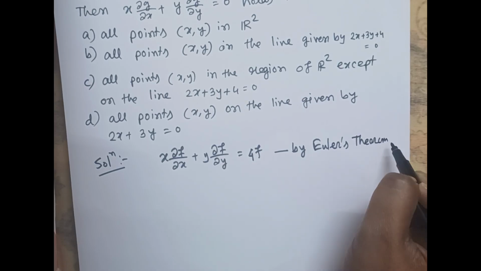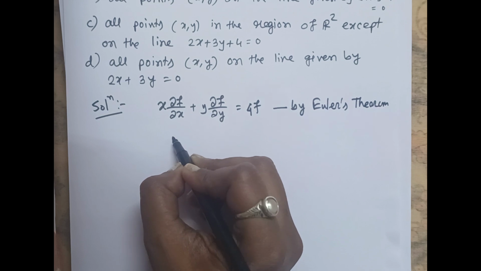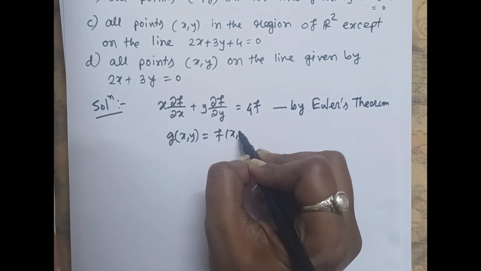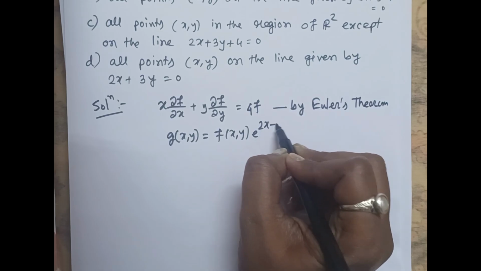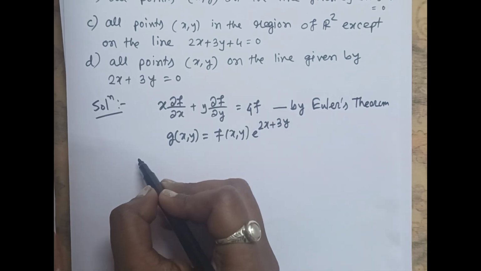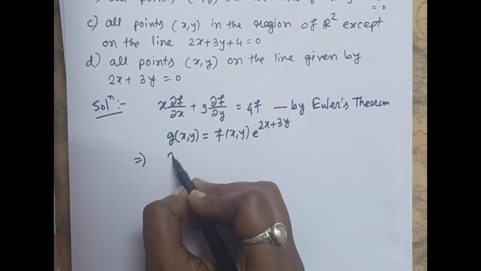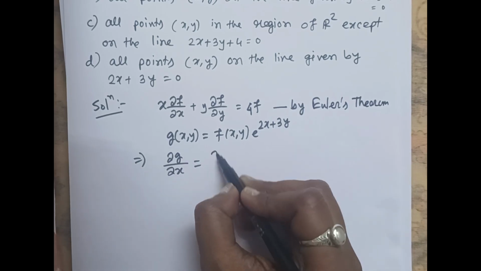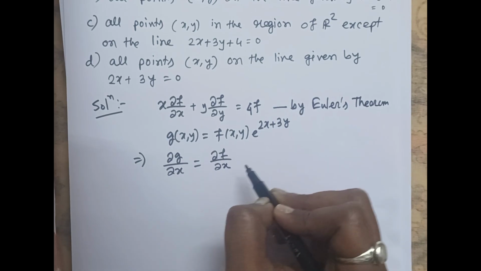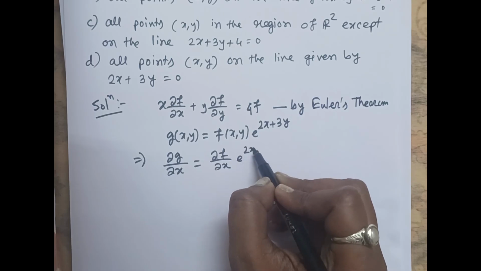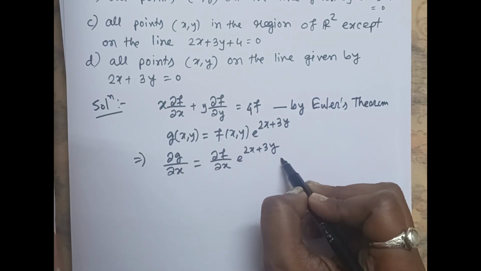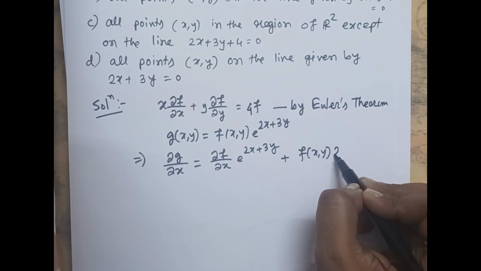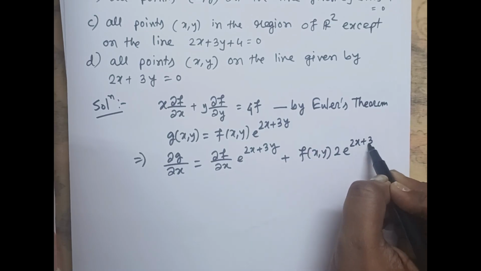Now since we have g(x,y) = f(x,y) e^(2x+3y), we can find ∂g/∂x = ∂f/∂x e^(2x+3y) + f(x,y) · 2 e^(2x+3y).